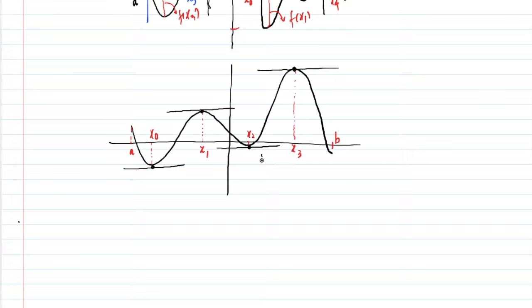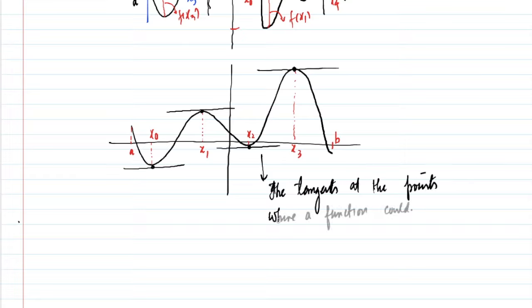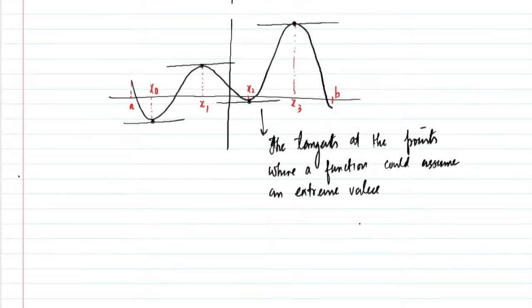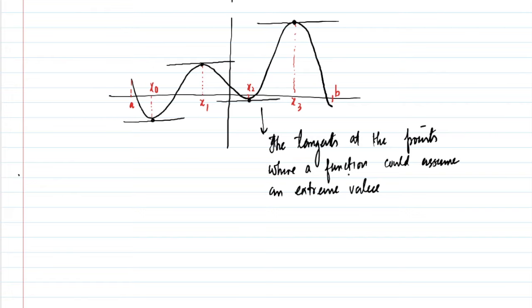So the tangents at the points where a function could assume an extreme value, which means a value that is either the minimum or the maximum, have slope equal to 0, because these tangents must be parallel to the x-axis at these points.